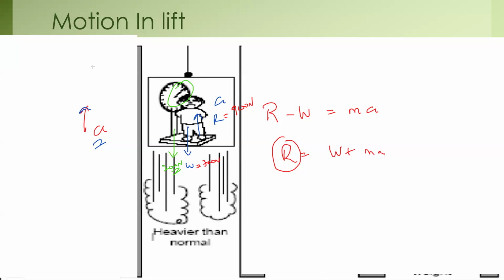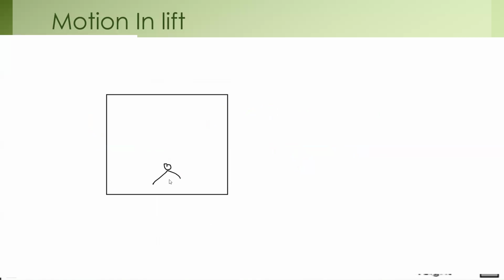Yeah, I understand this is a very common question, like how the force is downward. Say you're in the lift. You have a weight of 700 Newton and there's a normal contact force of 700 Newton.